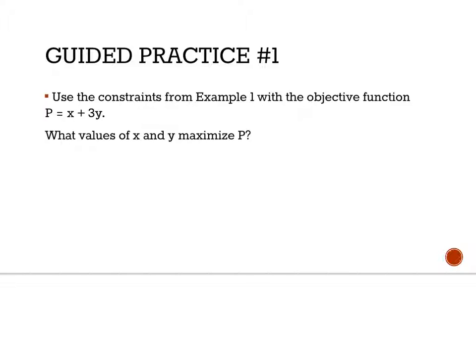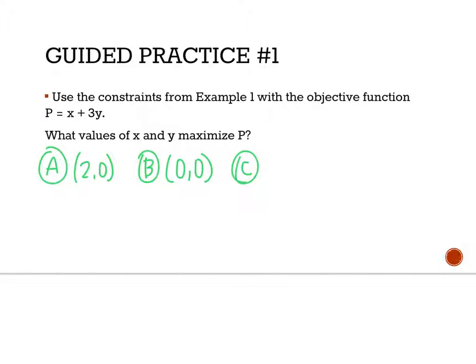Okay, use the constraints from example 1 with the objective function P equals X plus 3Y. They want to know which one maximizes P. So we're going to use that function again, and we're going to use the same 4 points. If you don't remember, the points were 2, 0, 0, 0, 3, 1, and 0, 2.5.